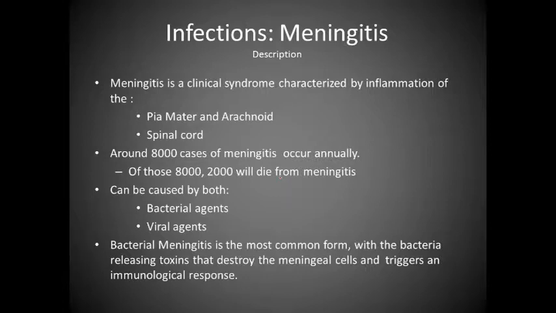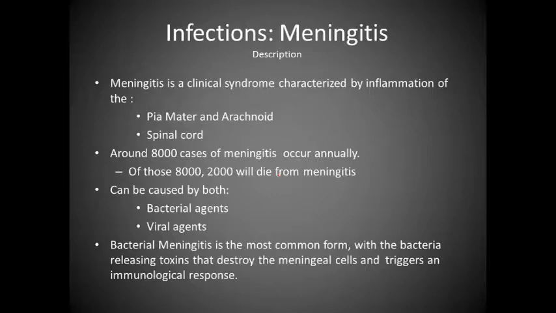It can be caused by both bacterial agents and viral agents, so you can have bacterial meningitis and viral meningitis. Bacterial meningitis is the most common form, with the bacteria releasing toxins that destroy the meningeal cells and trigger an immunological response.